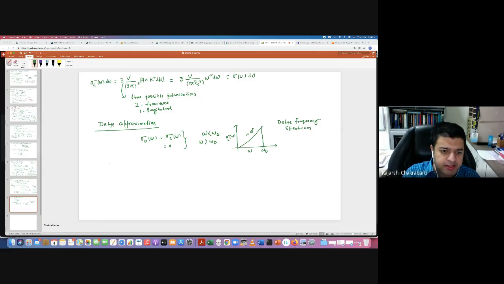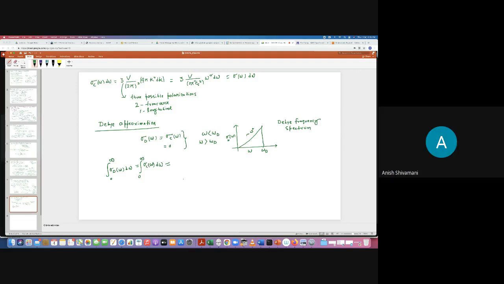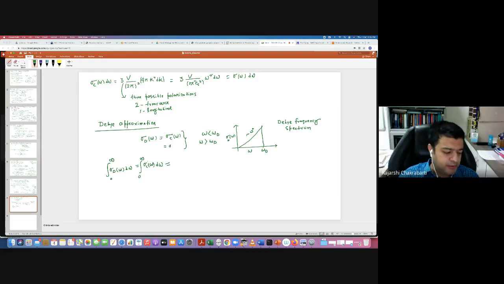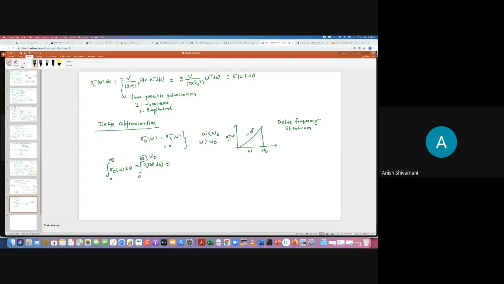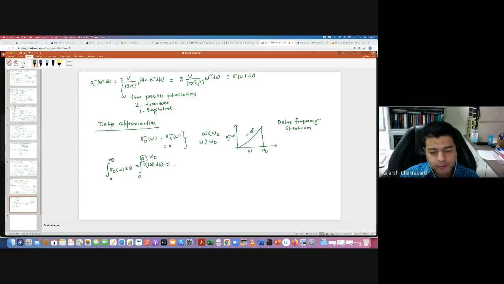So if I now integrate this, what am I going to get? Integrating from 0 to omega d, it should be 3n, the total number of modes.